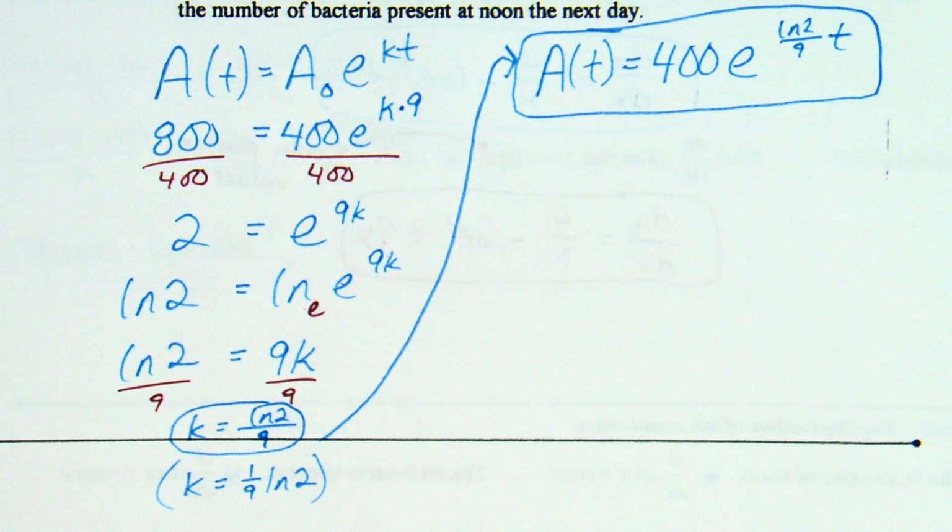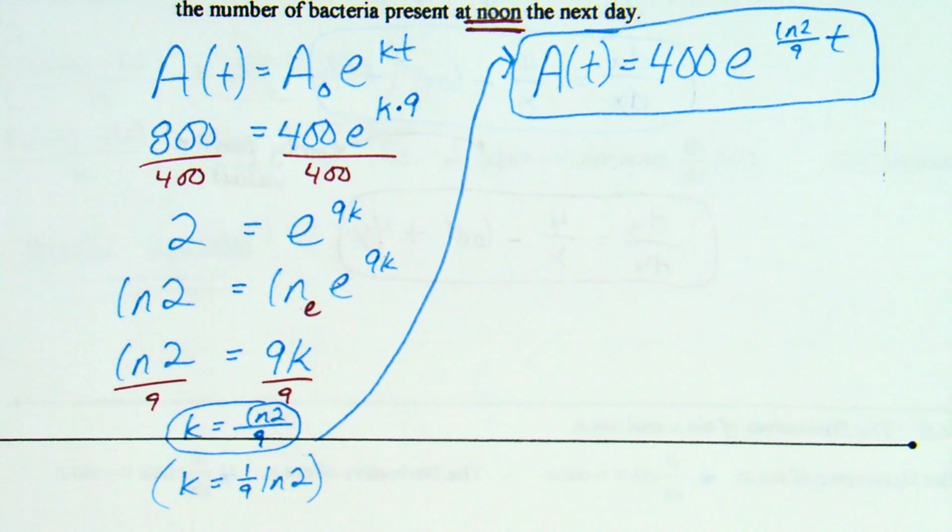Now I'm ready to go on to the last sentence, which says, then find the number of bacteria present at noon the next day. What does noon the next day tell me? 24 hours. 24 hours, right? Because my A naught, my 400, was at noon the previous day.